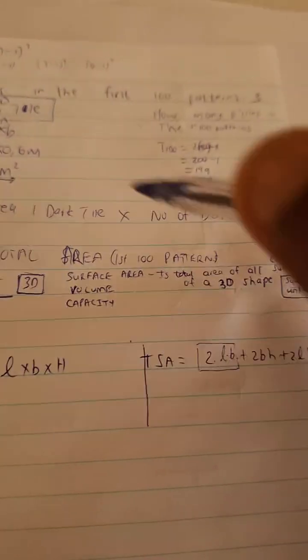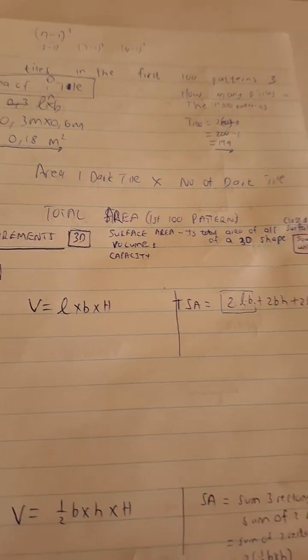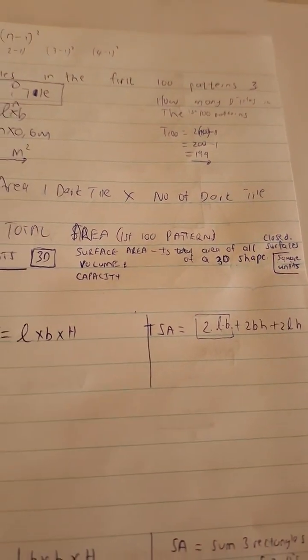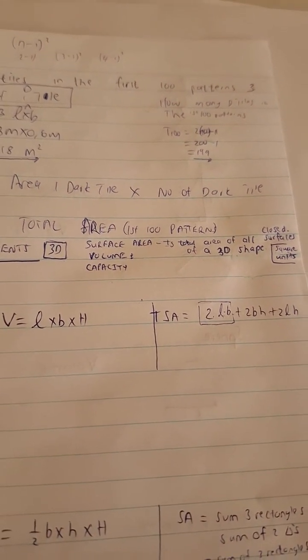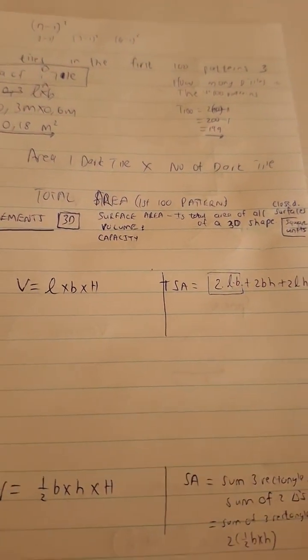Now let's move on to another concept, the concept of volume. Hopefully surface area is clear for us. Now I want us to explore the concept of volume. What is volume?